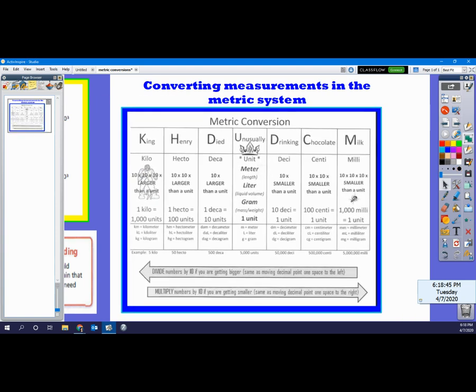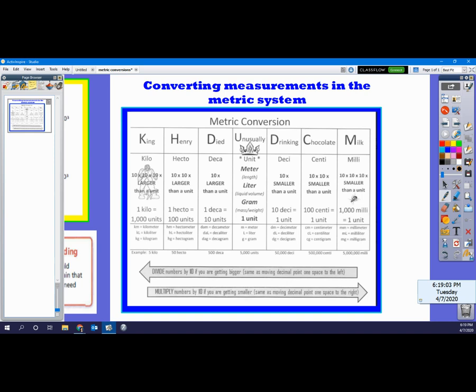So we have King Henry died unusually drinking chocolate milk. This is going to help us remember the order of our prefixes in the metric system.